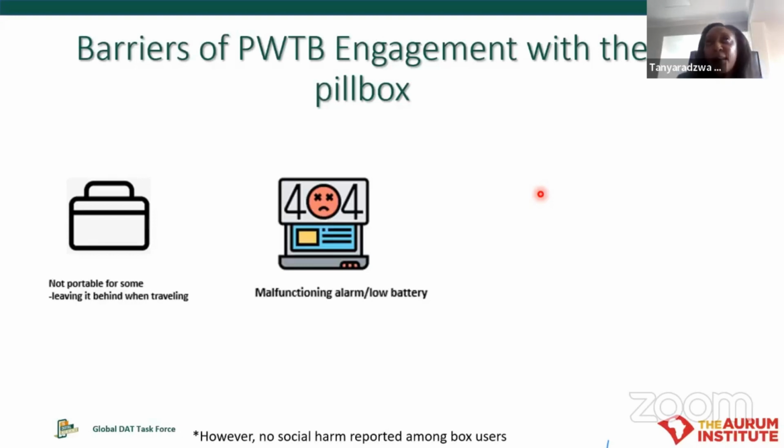This was especially among the DRTB participants who took treatment for longer than 6 months. So after 6 months, at some point, the battery would deplete and they would have to visit the clinic for the battery to be charged. And sometimes it was not done as quickly as expected.